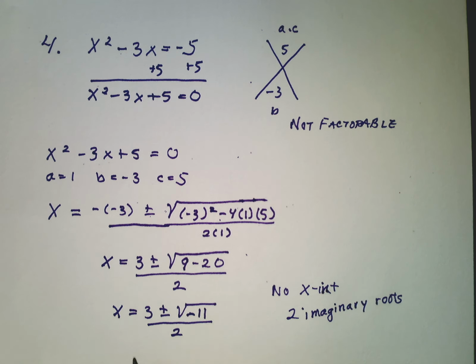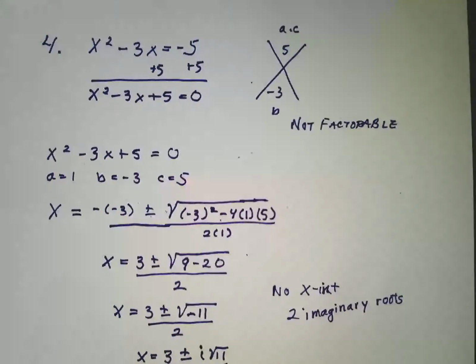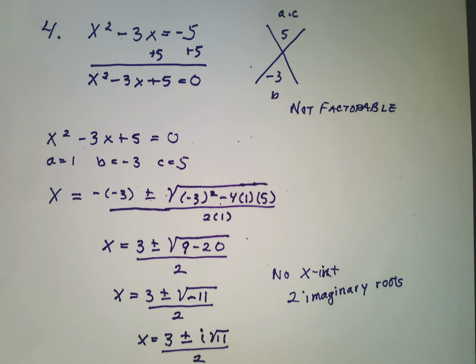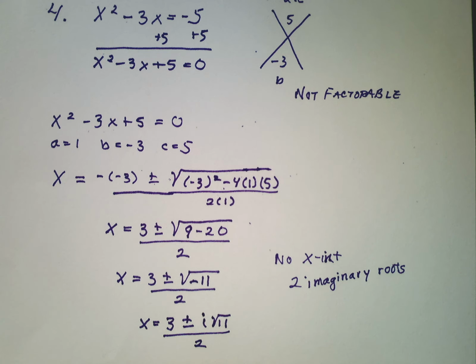You could leave it like that. Some of you may remember from Algebra 2 that we could rewrite this as plus or minus i times the square root of 11 all over 2. So those are just some of the ways we can apply factoring and the quadratic formula to solving quadratic equations.